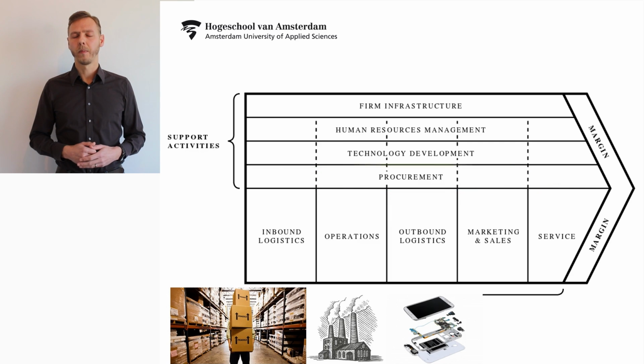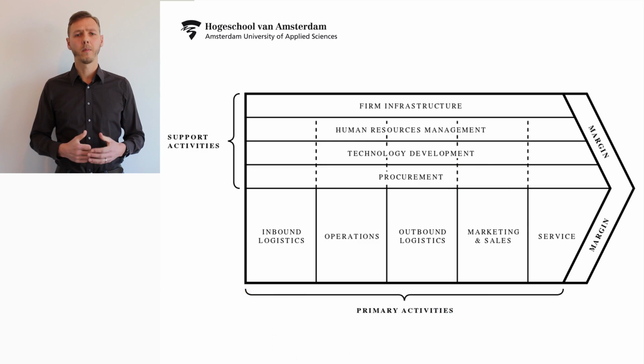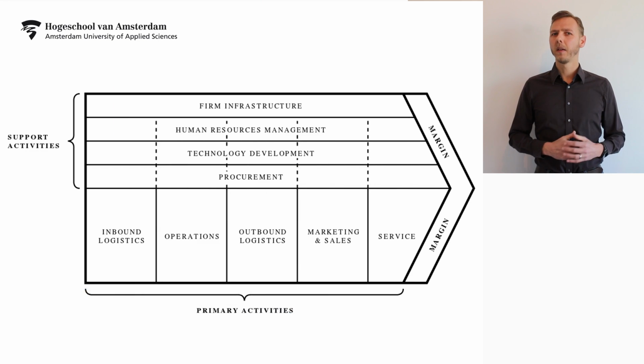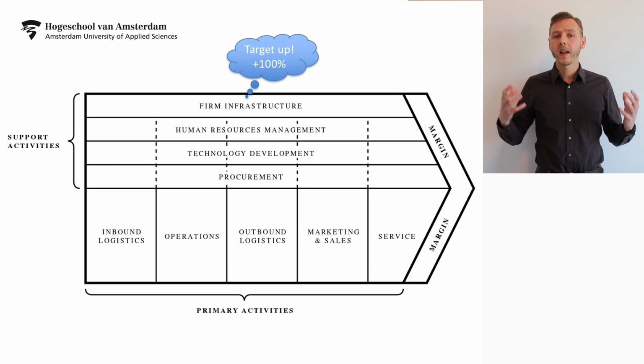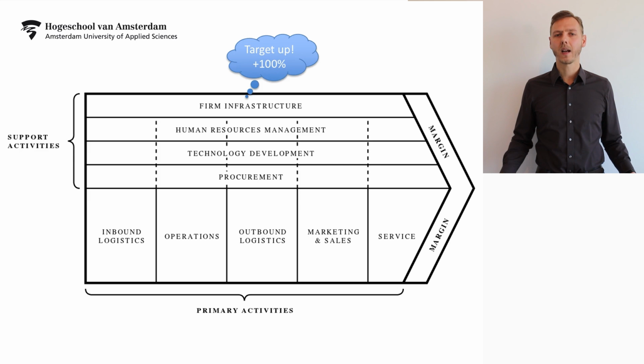Let's have an example, our example of the mobile phone firm. If the firm thinks that we have to have a higher target, so for instance, let's go not from 10,000 units but to 20,000 units, let's double our sales, then the firm can think of this as a target or as a goal, but the rest of the firm really needs to act on that.